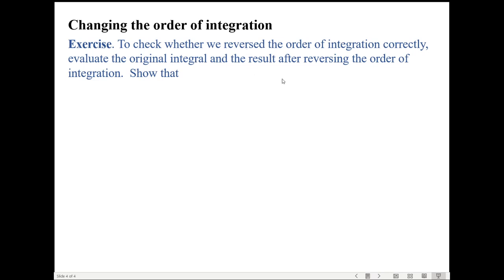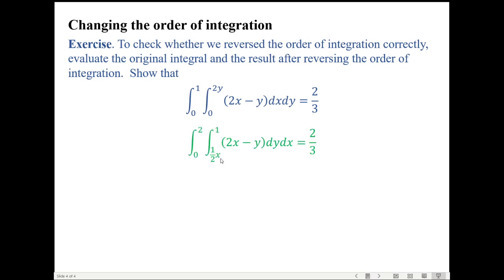To check whether we reverse the order of integration correctly, evaluate the original integral and also the result after reversing the order of integration, and show that for the original integration with respect to x and with respect to y, evaluate this iterated integral and show that it is equal to 2/3. After reversing the order of integration, we got different sets of limits. It is not a matter of interchanging these sets of limits only. Please take a look. Lower limit is 1 half x. There is no 1 half x in the original. 1 half x to 1, and then 0 to 2. Show that this is equal to 2/3.